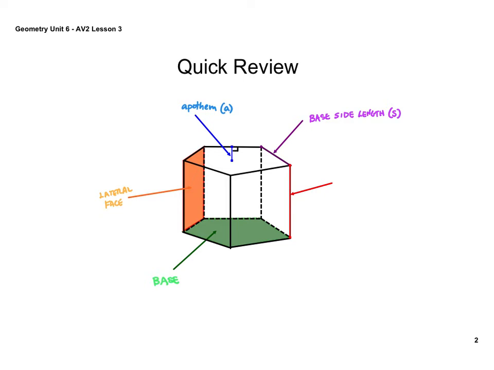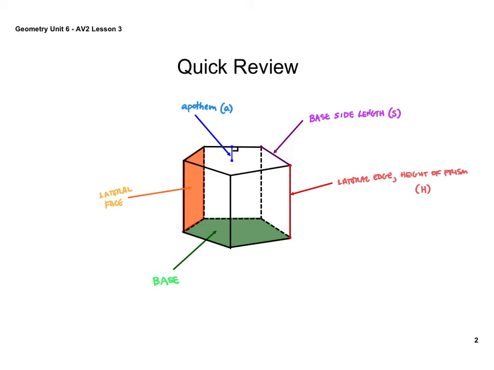But we do want to work with what's called a lateral edge. I know my spelling isn't great there. But we're actually going to refer to this as the height of the prism, which will take on the variable capital H.